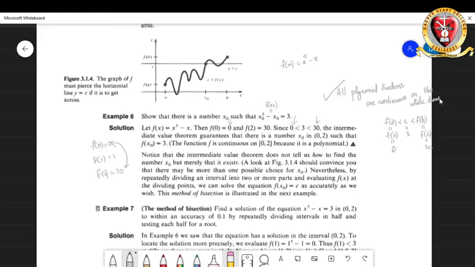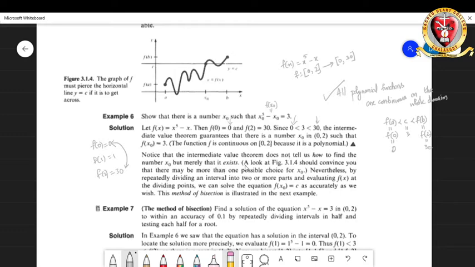So in particular we can say that this function f is continuous on the closed interval 0, 2, and choosing it to be 0, 30, you can choose like this, and that will essentially imply that such a number x naught exists.